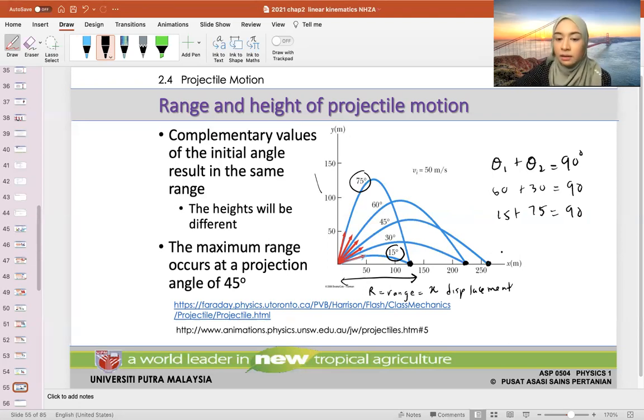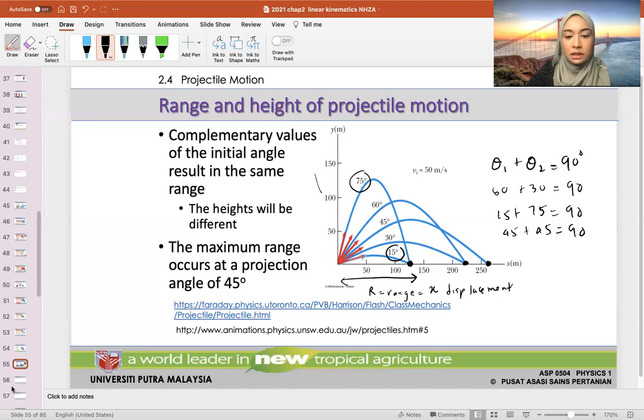So dia tak ada kawan. So it's just there. 45 plus 45 equals 90. And so on. Okay, the maximum range occurs at a projection angle of 45. So if you want to do a project and you want to get the maximum displacement, always aim for 45 degrees. Okay, assuming that all the velocities are equal. So V naught here, V naught here, V naught here.